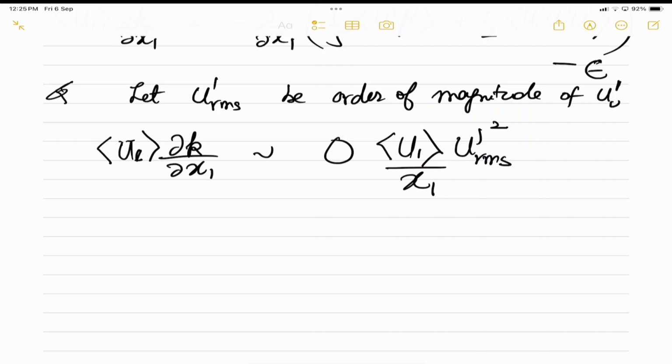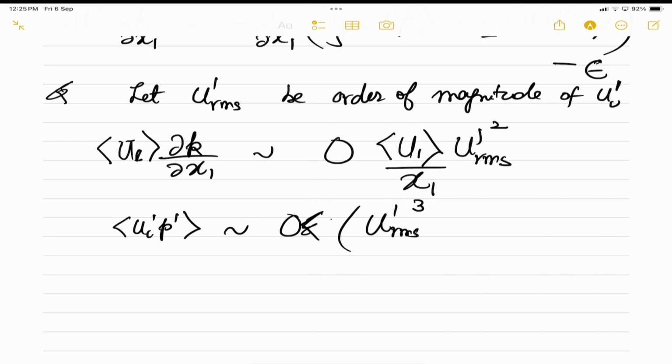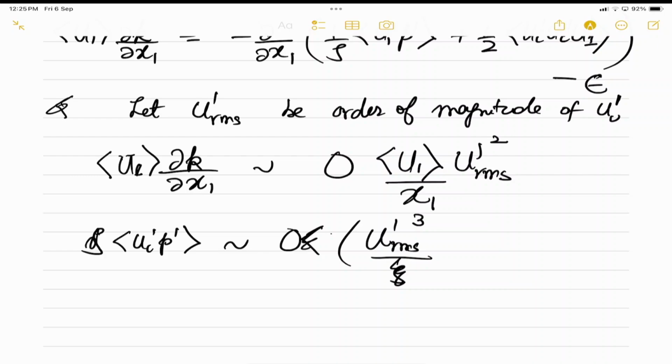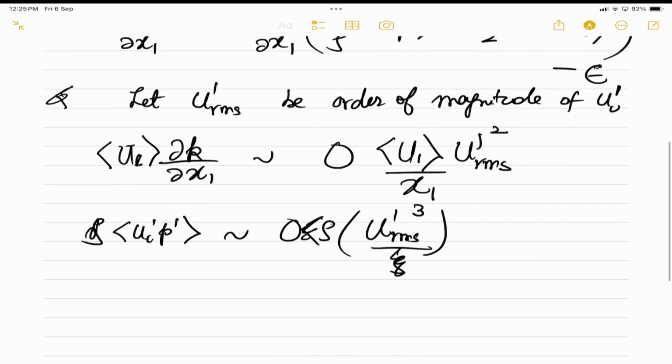Now, I think last class we had shown earlier that ui prime p prime, where p is equal to rho u square, is of the order of magnitude of rho times u prime RMS cube.